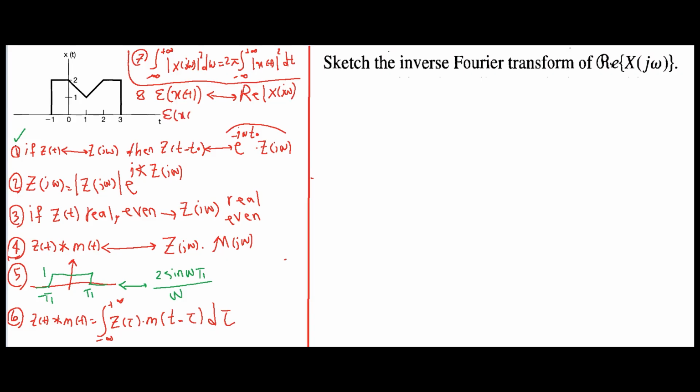Also, the even part of a signal can be written as 1/2 of x(t) plus x(-t). Therefore, if we want to draw the inverse Fourier transform of the real part of X(jω), in fact, we need to draw the even part of x(t), which is 1/2 of x(t) plus x(-t).